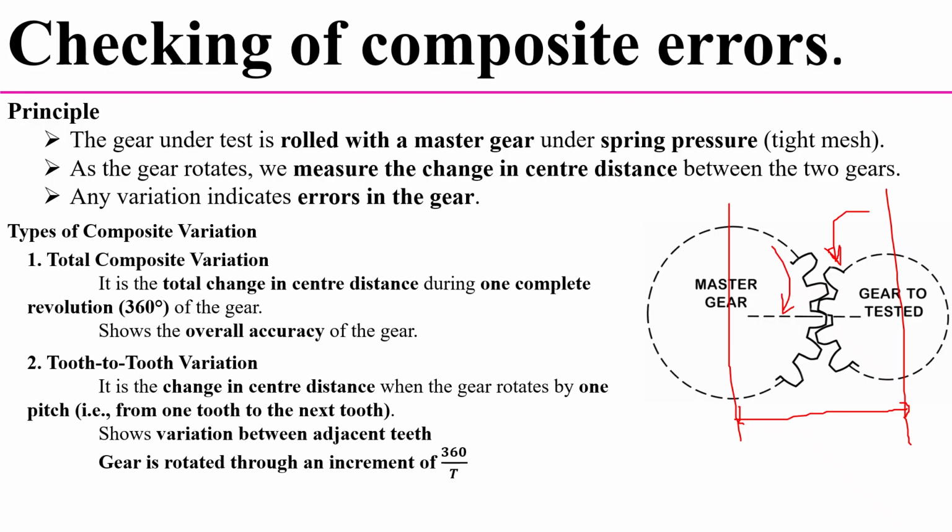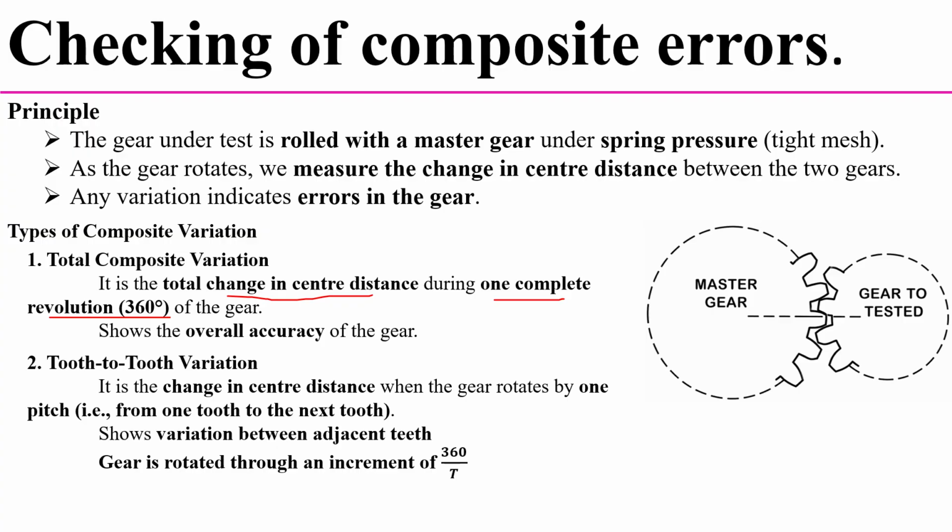Next we have to see the types of composite variations. There are two types of composite variations. The first one is the total composite variation. The second one is the tooth to tooth variation. First we see the total composite variation. Total composite variation is the total change in center distance during one complete revolution.